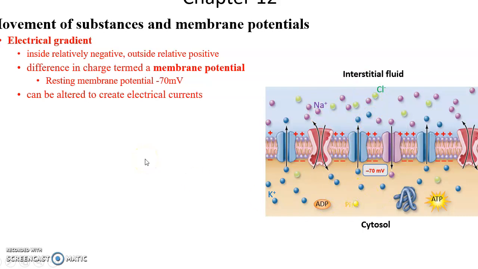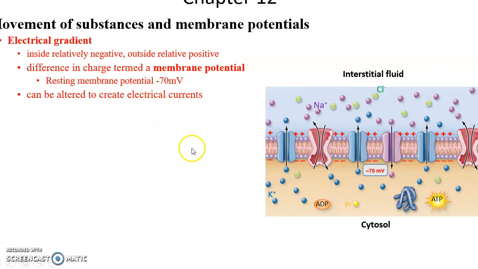And when a neuron is at rest, this electrical gradient gives it what's called a resting membrane potential. So the net charge over the plasma membrane is negative 70 millivolts. So the resting potential in a neuron is negative 70 millivolts.